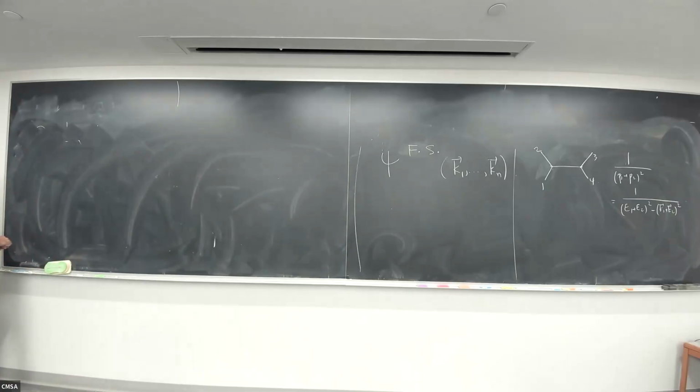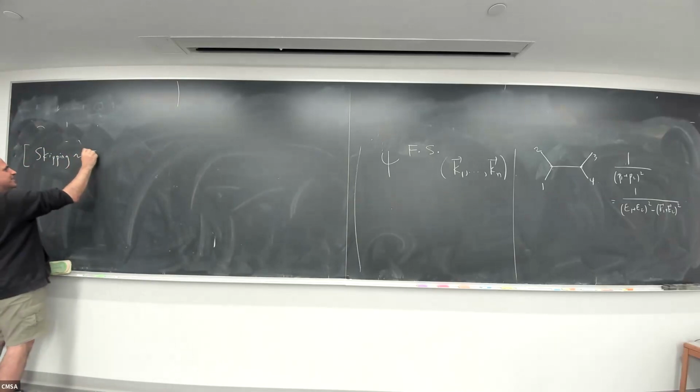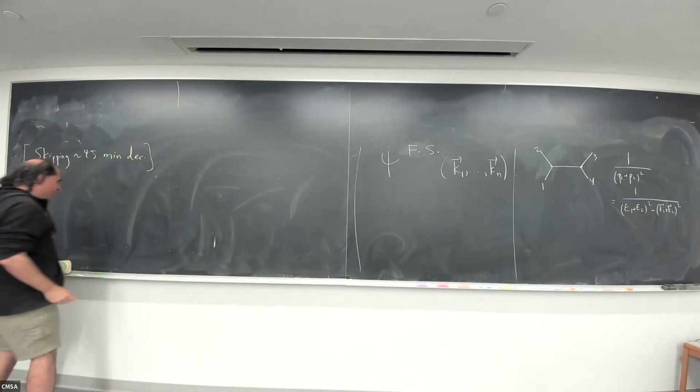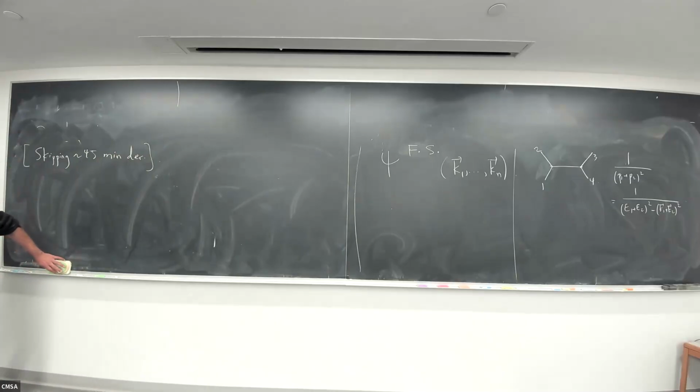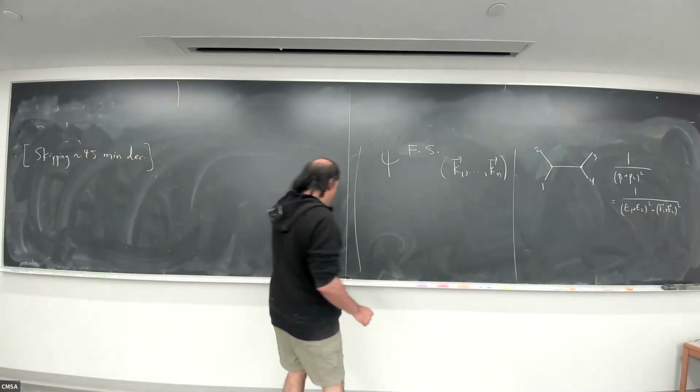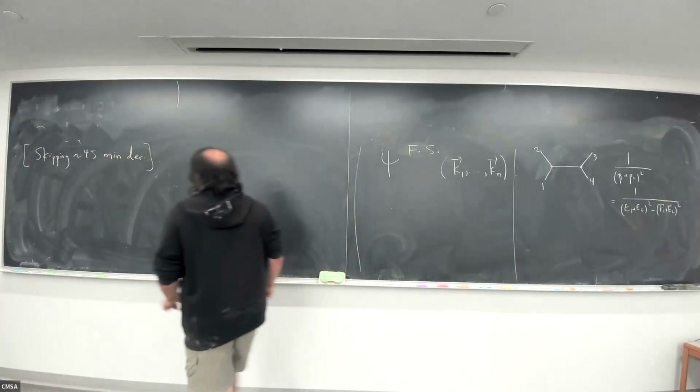So I'm skipping a 45-minute derivation. Okay? But it's really a 45-minute derivation from really nothing. So it's not hard at all, but you'll just have to believe me now.